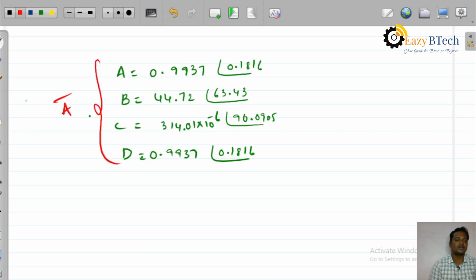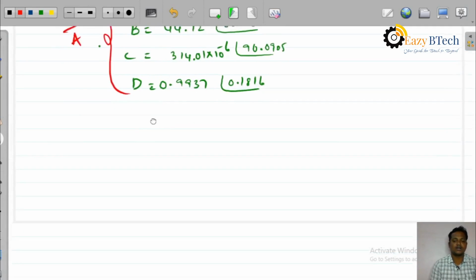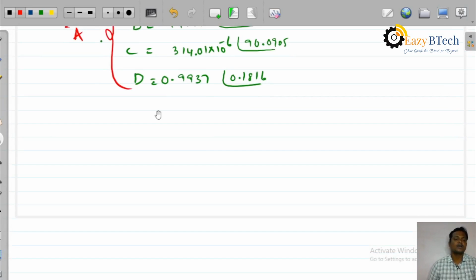Therefore, after calculating these ABCD parameters in the nominal pi method, we have to calculate the sending end voltage. First of all, before going to the sending end, we have to calculate the phase voltage.